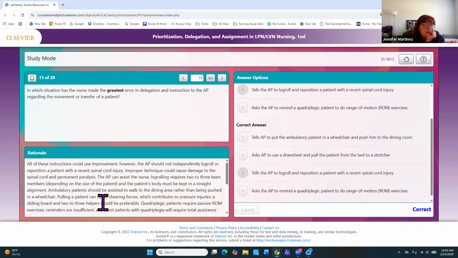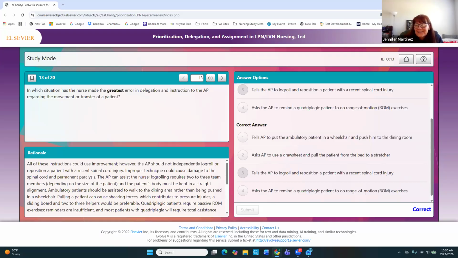All right. So all of these instructions could use improvement. However, the assistive personnel should not independently log roll or reposition a patient with a recent spinal cord injury. Improper technique could cause damage to the spinal cord and permanent paralysis. Did you guys do log rolling in your skills lab?